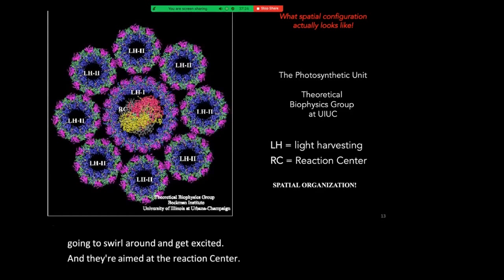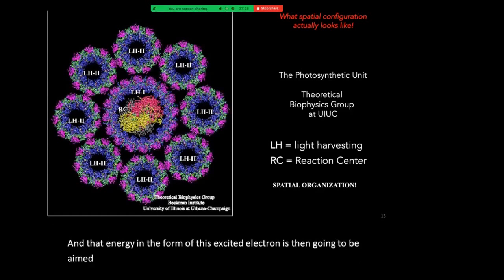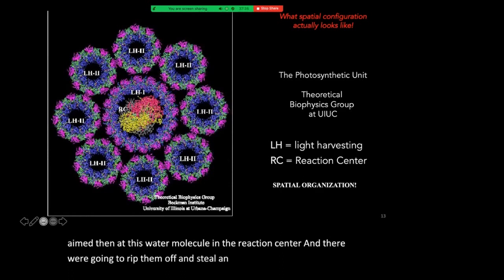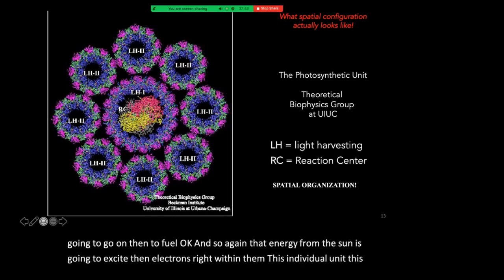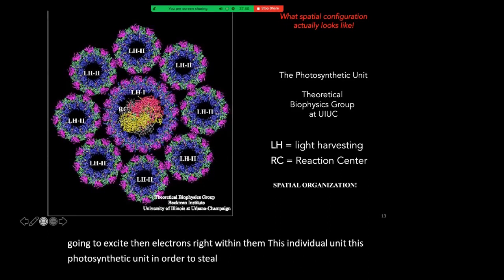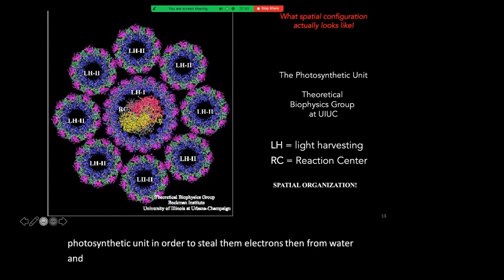That energy in the form of this excited electron is then aimed at this water molecule in the reaction center. There we're going to rip off and steal an electron from water, which is then going to go on to fuel the process. Again, that energy from the sun excites electrons within this photosynthetic unit in order to steal electrons from water. So this is a spatial organization, and that's what's really cool.